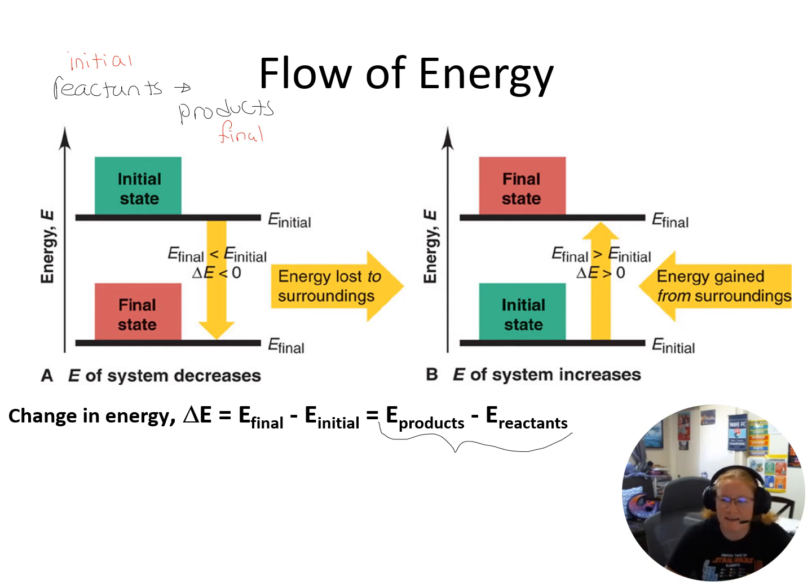Which one do you think is the exothermic diagram, A or B? Well, if you said A, you were correct because energy is being lost to the surroundings in A. All right, so this is our exothermic. Okay, which means that in B the energy is gained from the surroundings into the system, so this needs to be our endothermic.